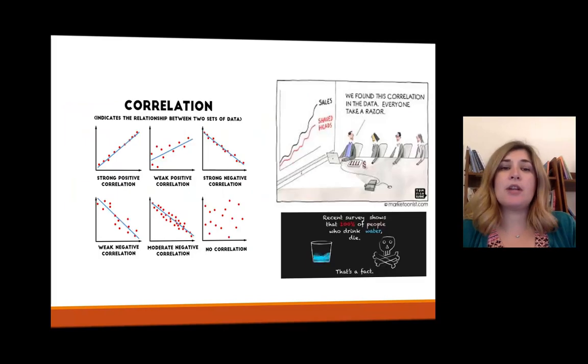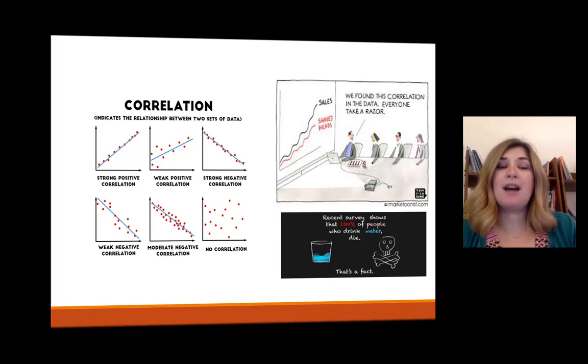Why this is important to understand is also because when we look at the results between the treatment group and the control group, we need to recognize that correlation does not equal causation. Correlation is the relationship between two sets of data. So you can see here the graph of the different types of correlation.